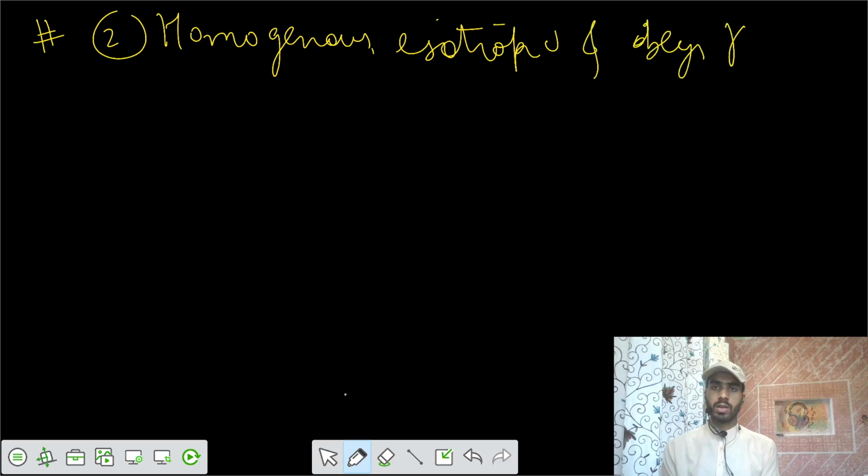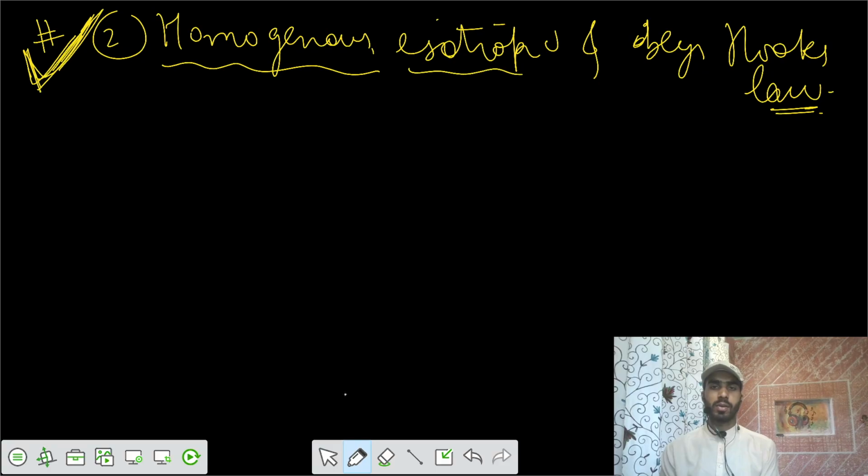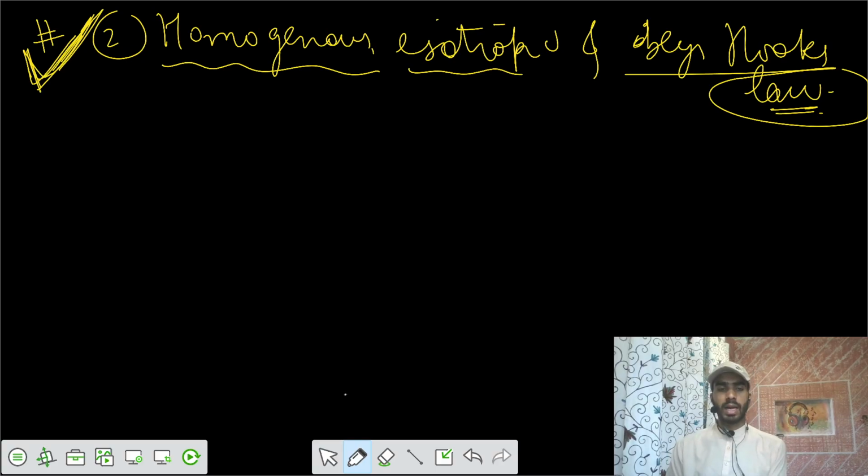This is a must condition. Every concept of strength of materials says the material should be homogeneous, isotropic, and Hooke's law should be valid. This is the general headline of every theory.